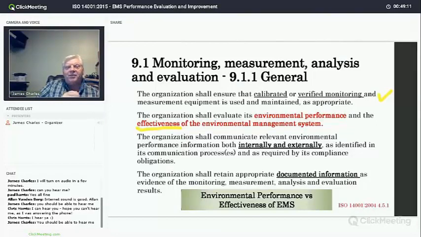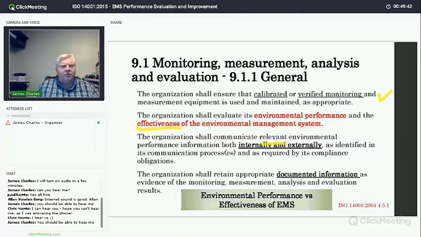Okay. The organization shall communicate relevant, and here's some buzzwords here, relevant environmental performance information internally and externally, as identified in their communications process. So go back to your communications procedure and identify the relevant performance information and how it's communicated internally and externally.